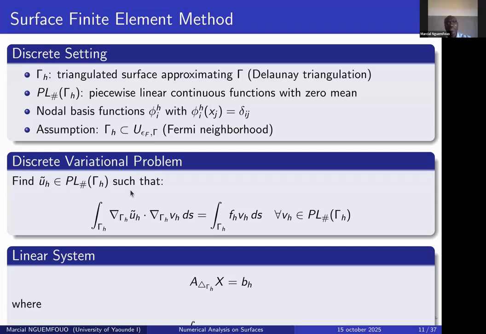The variational formulation is given by this relation. This leads to the linear system A delta gamma H X equals B H, where A delta gamma H is our finite element matrix.